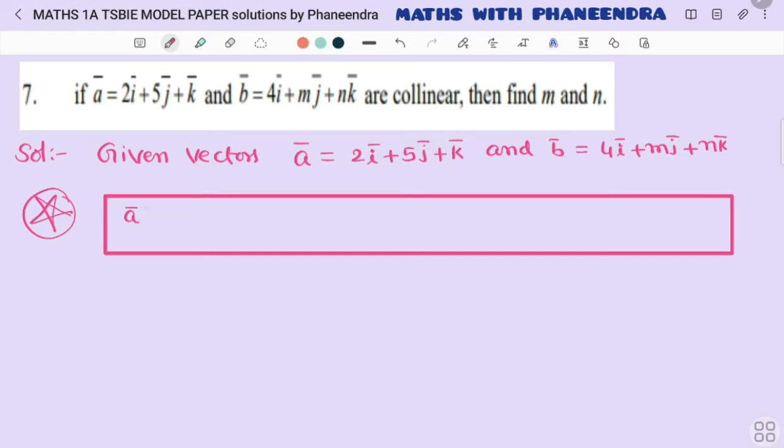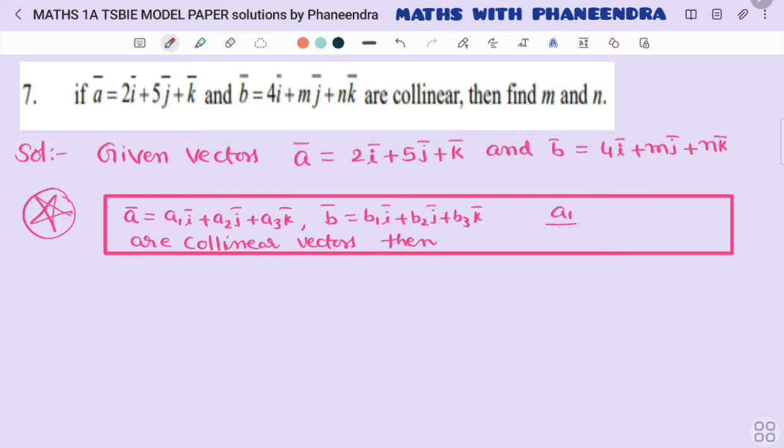See here, if A bar equal to a1i plus a2j plus a3k and B bar equal to b1i plus b2j plus b3k are collinear vectors, then we have a1 by b1 is equal to a2 by b2 is equal to a3 by b3.